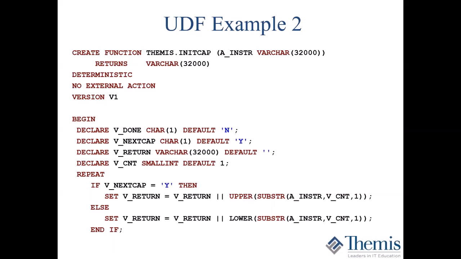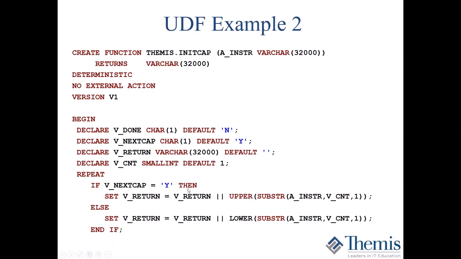This way, I wrote it 2 different ways, and one of them is vastly superior to the other performance-wise. This is, I'll call it the bad way. What I'm actually doing here, if you crawl through this code, is looking at your string 1 letter at a time, and whenever I see a space, I take the next letter and I uppercase it. Otherwise, I lowercase it.